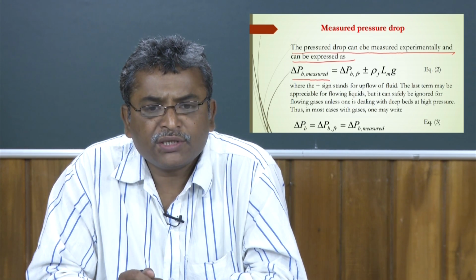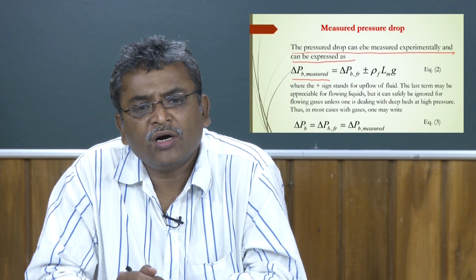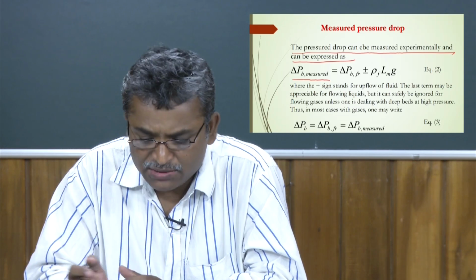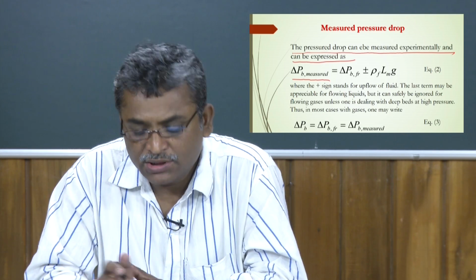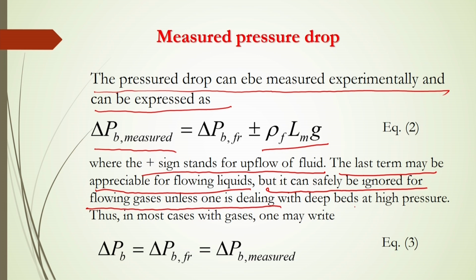In equation 2 it is seen that the measured pressure drop is delta P of bed for the frictional part, plus or minus rho f into L m into g. This rho f L m g is nothing but the hydrostatic pressure drop. The plus sign stands for upflow of fluid. The last term may be appreciable for flowing liquids, but it can safely be ignored for flowing gases unless one is dealing with deep beds at high pressure.